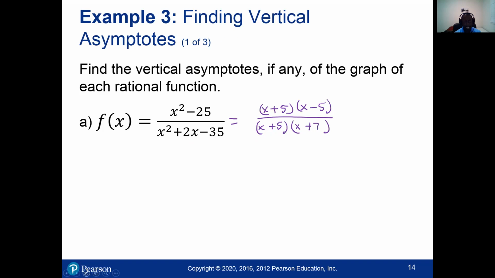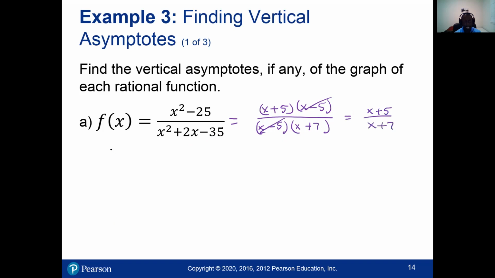Okay, let me erase that. So this is minus 5 and plus 7, because if you have 2 factors, when you multiply, minus 5 times 7 is negative 35, but when you add them, you get positive 2, and that gives me that. So notice that these factors will cancel out. So this results in (x plus 5) divided by (x plus 7).